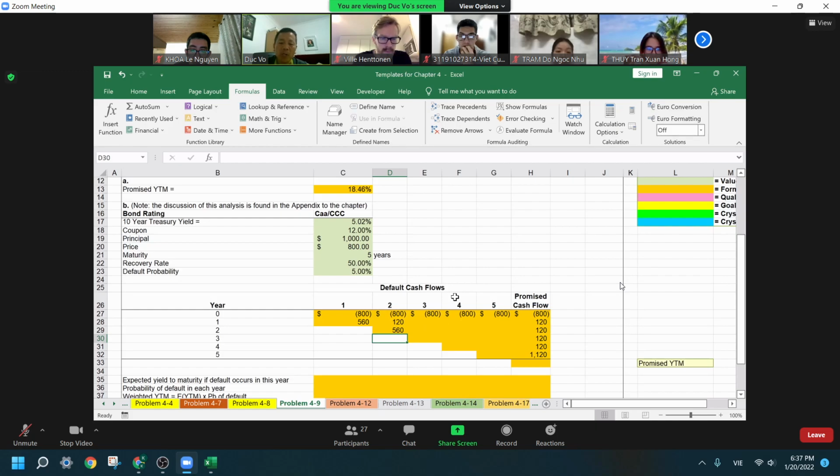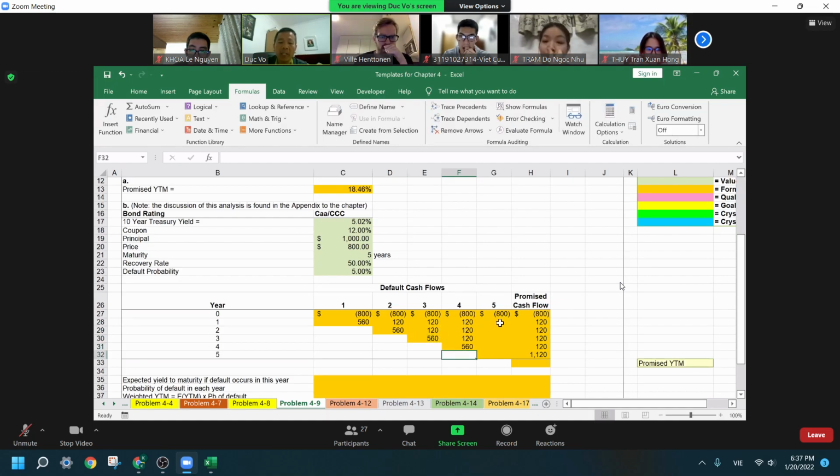If it defaults in year 3, year 1 you get 120, year 2 you get 120, and then year 3 you get 560. If it defaults in year 4, year 1 you get 120, year 2 you get 120, year 3 you get 120, and then the last one you get 560.